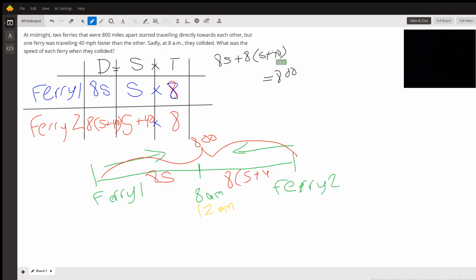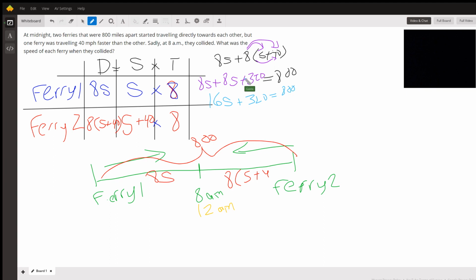Next, we need to distribute this 8. We get 8S plus 8S again, and then 8 times 40 is going to be 320. So 8S plus 8S together gives us 16S plus 320 equals 800.